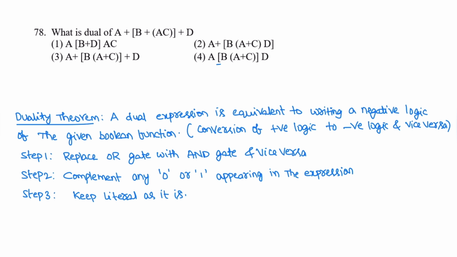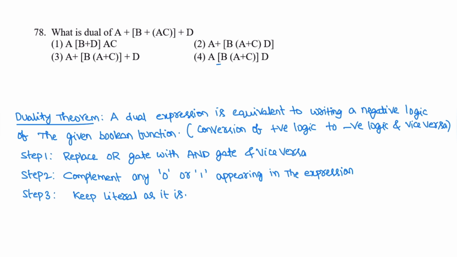In this duality theorem, replace OR gate with AND gate and AND gate with OR gate. Complement any 0 or 1 appearing in the expression and keep literals as they are. So variables are not changed. Only 1 is replaced with 0 and 0 is replaced with 1. For every Boolean function there is a corresponding dual function.